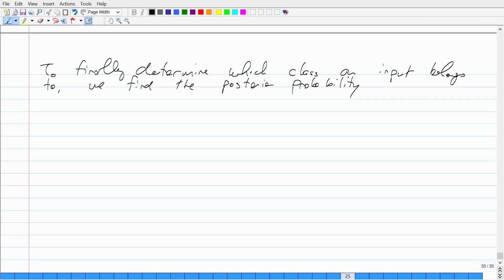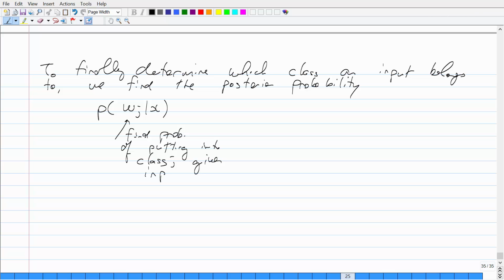Okay. So you find the posterior probability. We're trying to find the probability of putting the input into class J given the input features X. If you recall Bayes' rule, it's pretty much this.